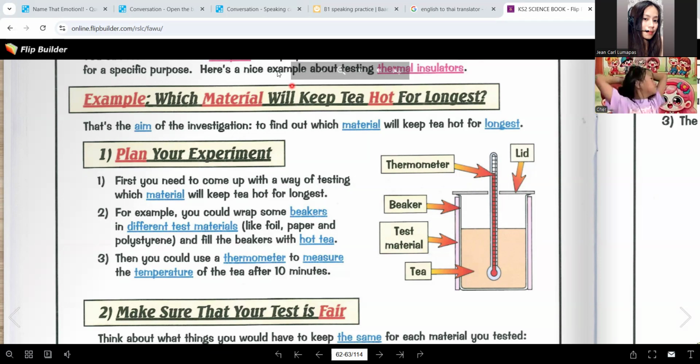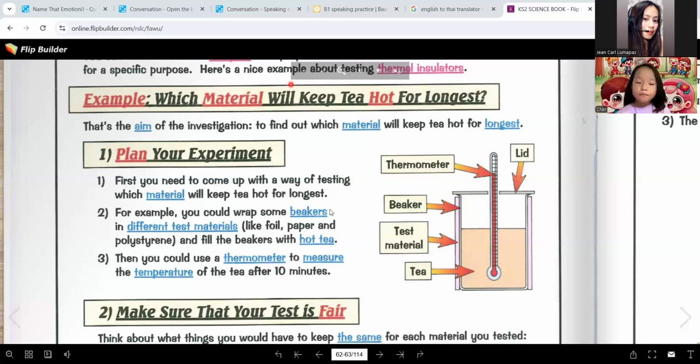So we have foil, paper, and a polyethylene. Okay, so how many minutes do we need in order to measure again the temperature of the tea?